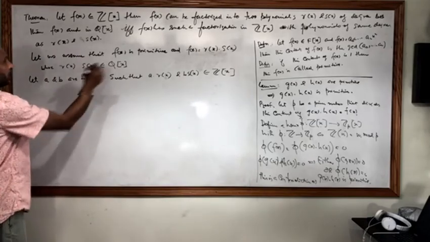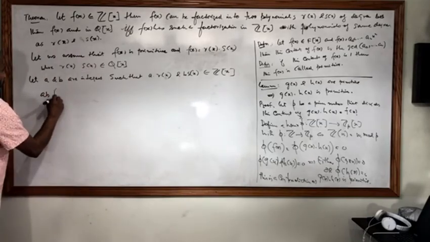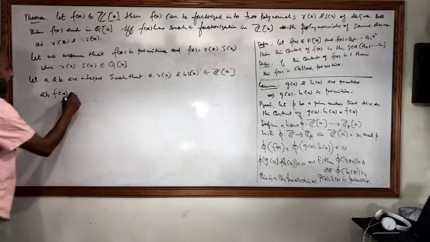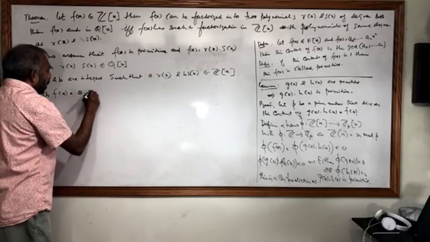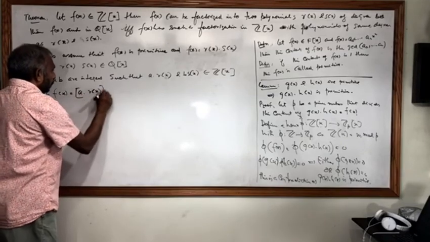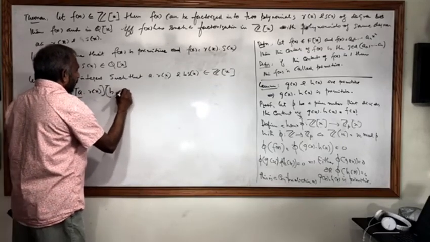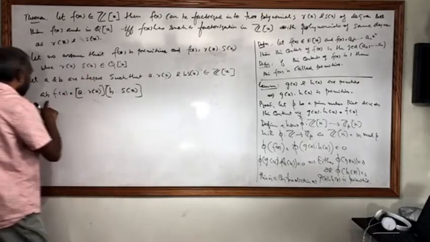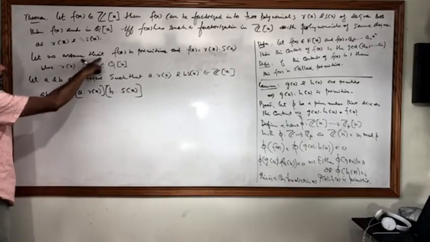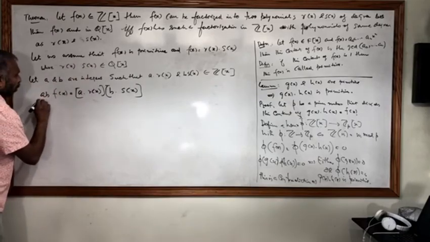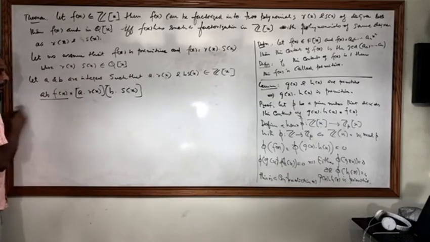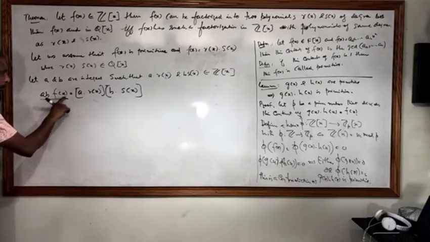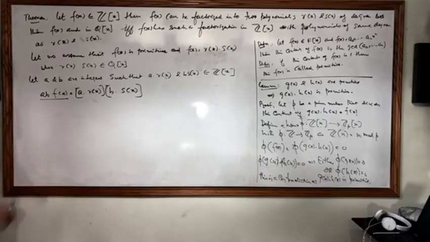So that means ab times f of x is equal to a times r of x times b times s of x, because we are multiplying a and b here. See, f of x is primitive, so the content of the whole polynomial is ab, because this is primitive, right?